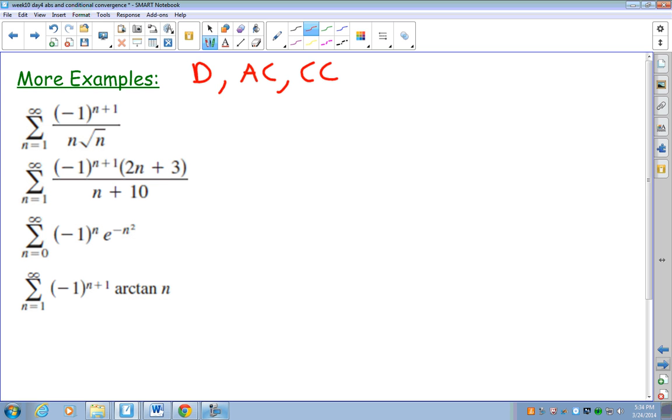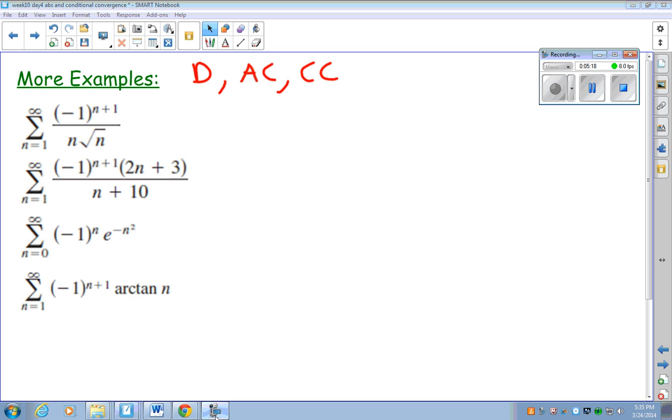Those are your three options. If it's divergent, boom, diverge, done. If it's convergent, I need you to determine if it's AC or CC. 4 problems. I'd hit pause on the video, and then try them out with your partners or whatnot. Then when you're ready, resume the video, and you can see how well you did, and we'll go from there.